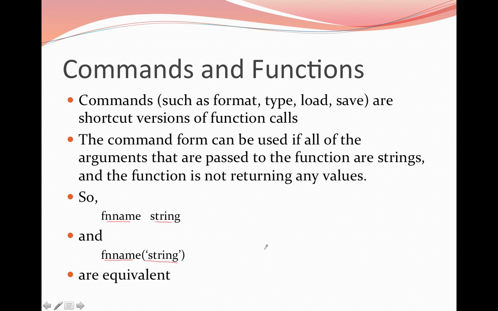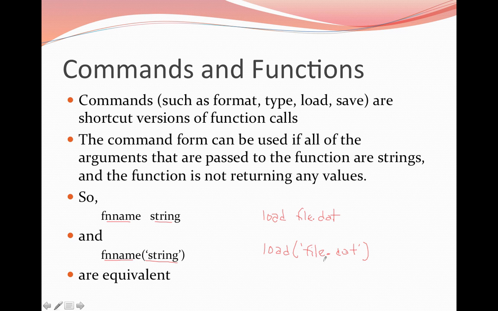So for example, when we say something like load file.dat, that's the command form, and that's the same as saying load and then in parentheses the name of the file, file.dat, as a string. So those are completely equivalent.